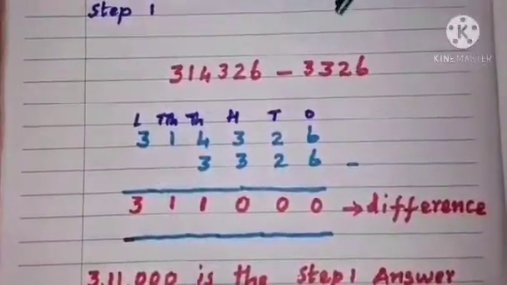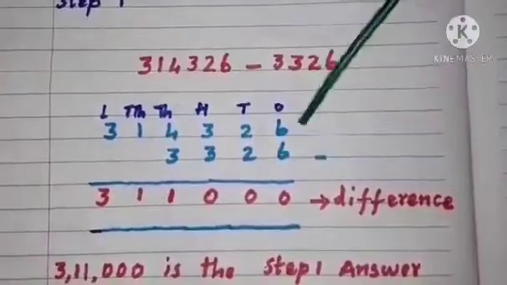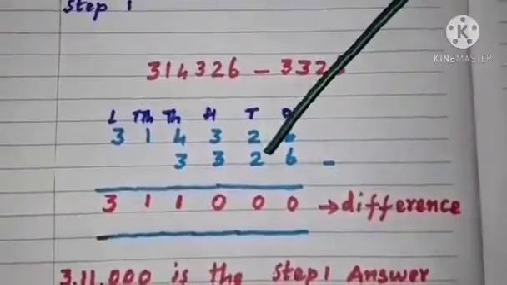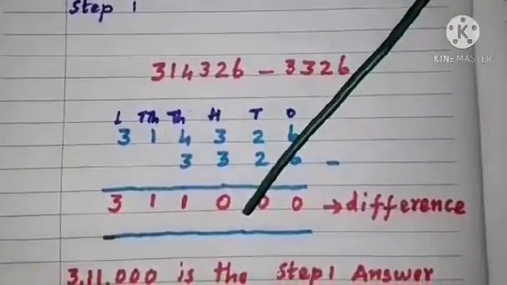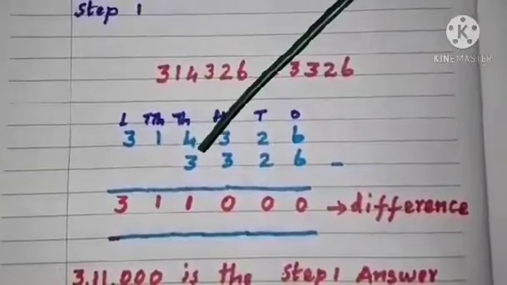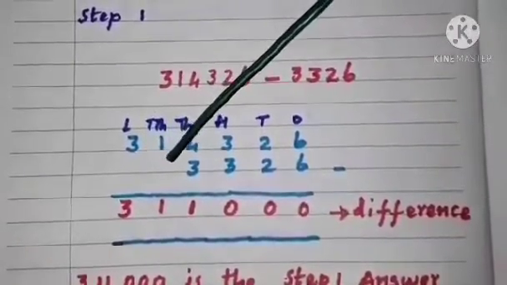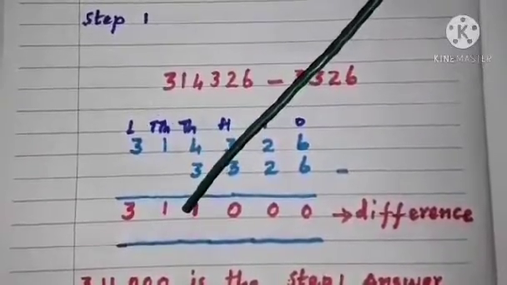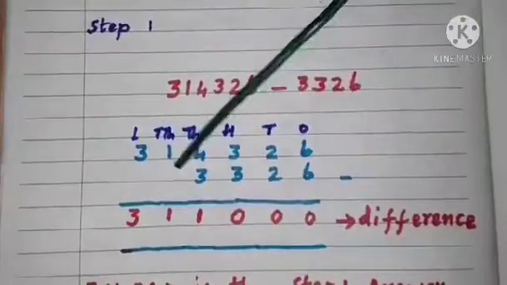Now we have to subtract. We have to start from ones place. 6 minus 6, 0. 2 minus 2, 0. 3 minus 3, 0. 4 minus 3, 1. Here there is no value to subtract, so we have to write 1 in the 10,000s place.